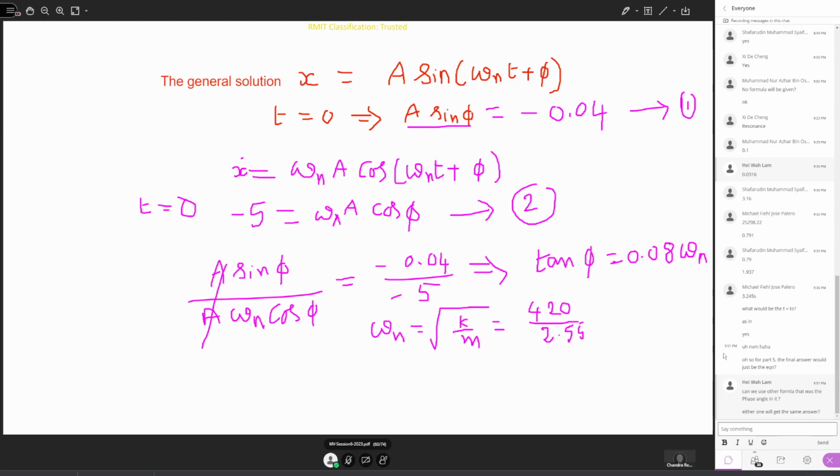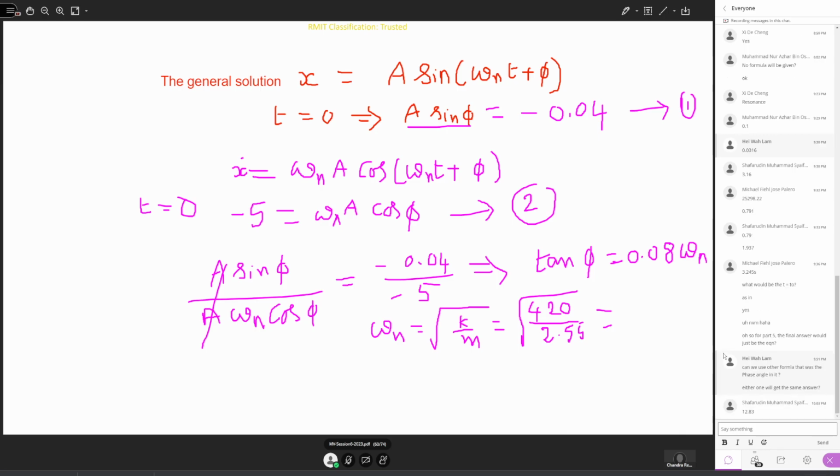If you do this calculation, how much will you get? Yeah, 12.83 radians per second, that's correct.